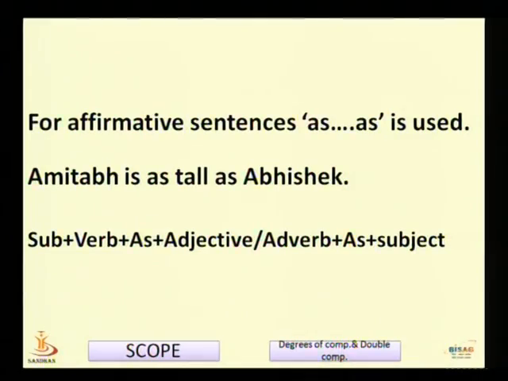Amitabh is as tall as Abhishek. The verb pattern of the sentence is subject plus verb plus as plus adjective or adverb plus as plus subject.